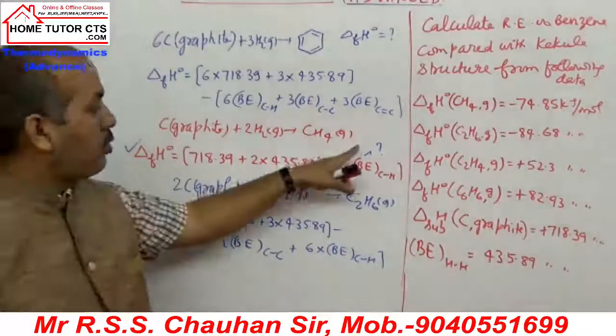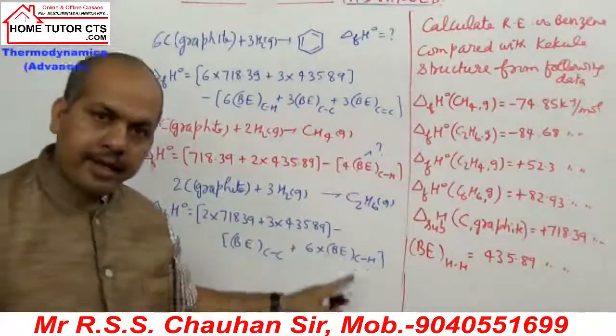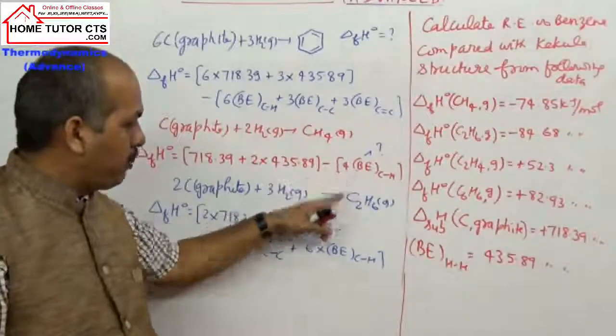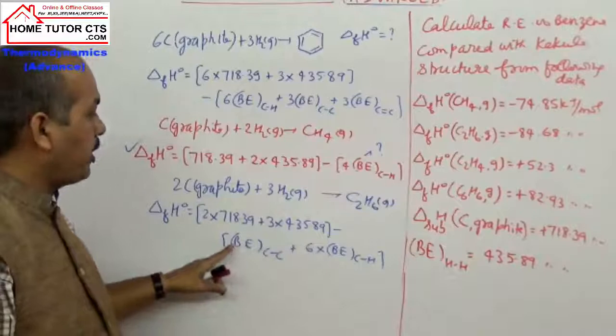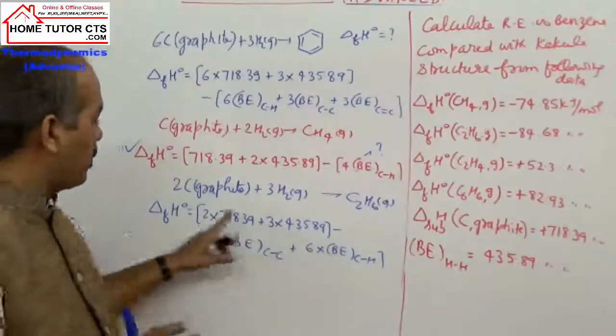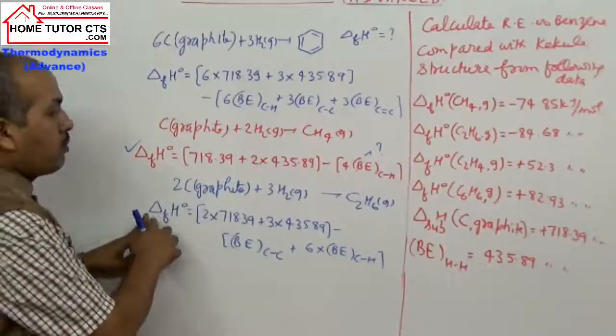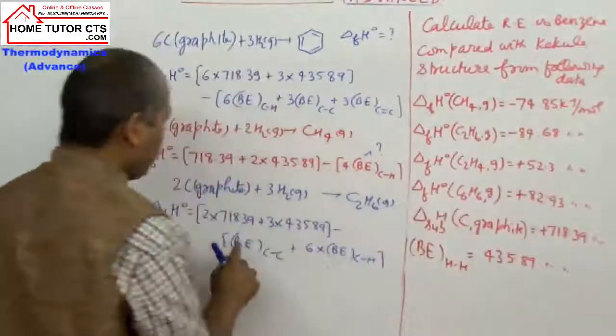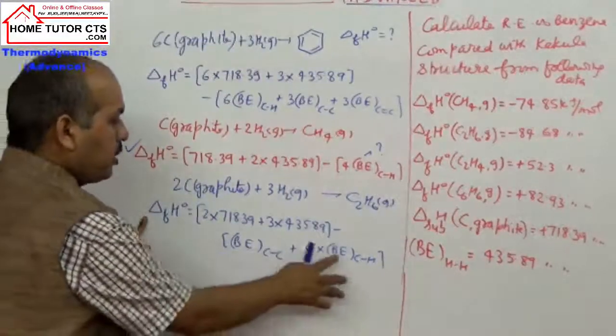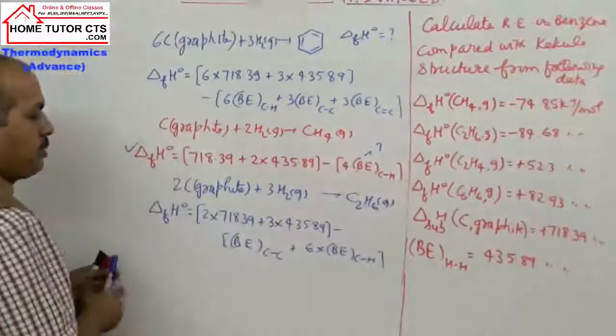This value we have got from here; the average will remain the same. We can put it here, then this value you can determine. The heat of formation of ethane is given to us. This value we can get from the first expression.